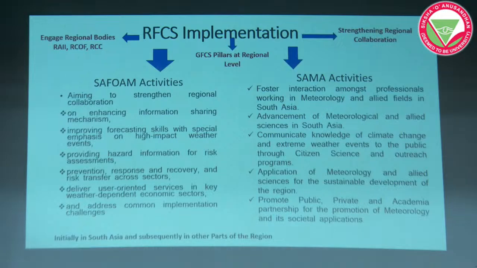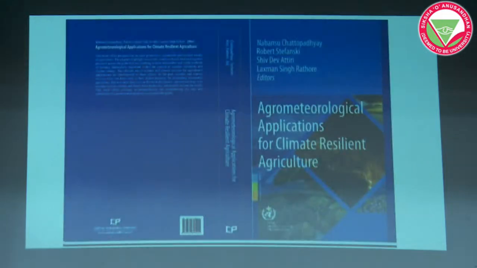So here also, my purpose of coming here is that if this university or anybody wants to join such an innovative approach, they can interact with me and others. Now, whatever I have just mentioned about resilient agriculture, recently we have published a book with Springer, where the chief of WMO in agriculture and meteorology, Robert Stefanski, is there.